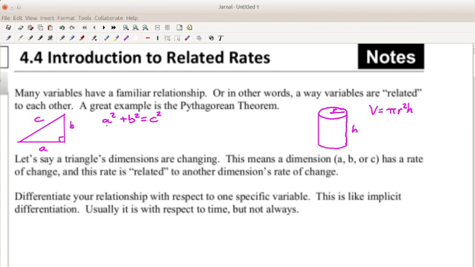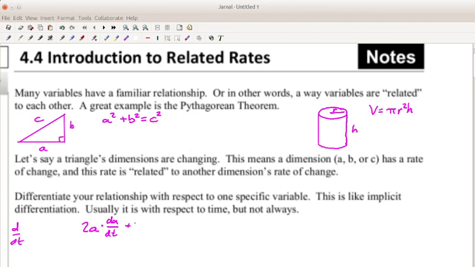So we want d by dt of this whole relationship, assuming that A, B, and C are also related to time. When we do that, we're going to use the power rule to bring our 2 down in front. We've got our A, you can put the 1 up there, and then this is going to multiply by dA dt, depending on how fast A is changing with respect to time.